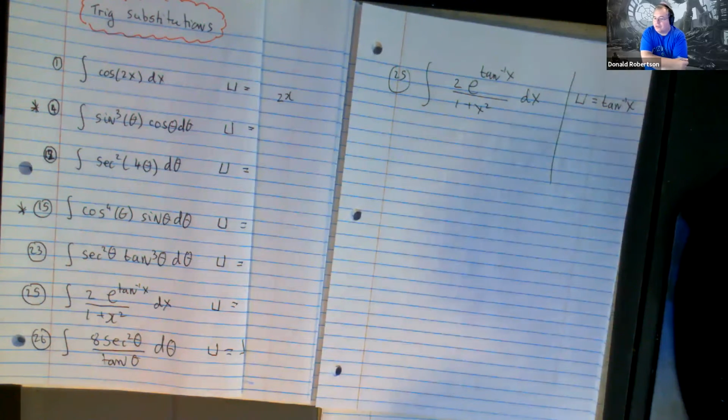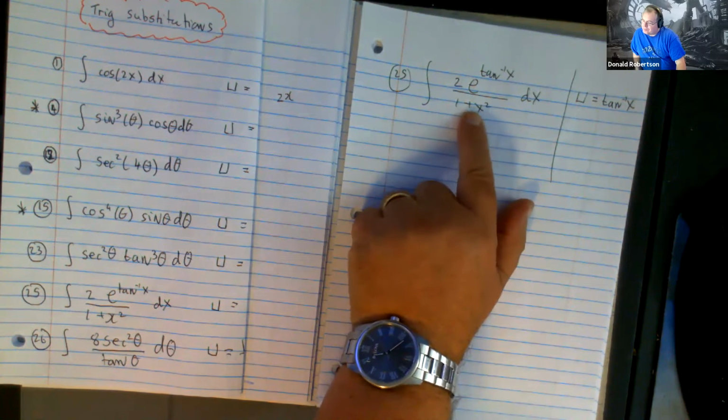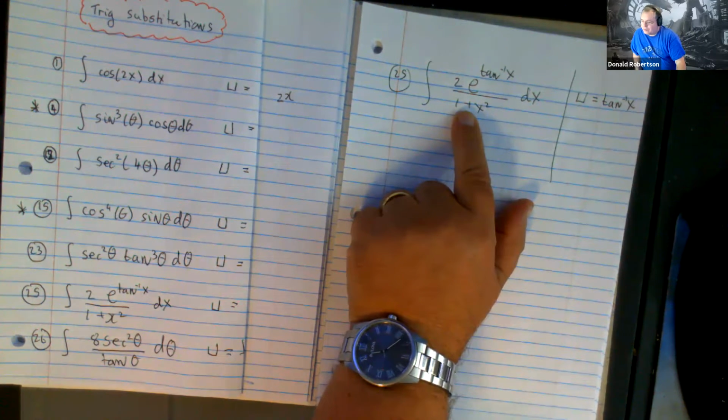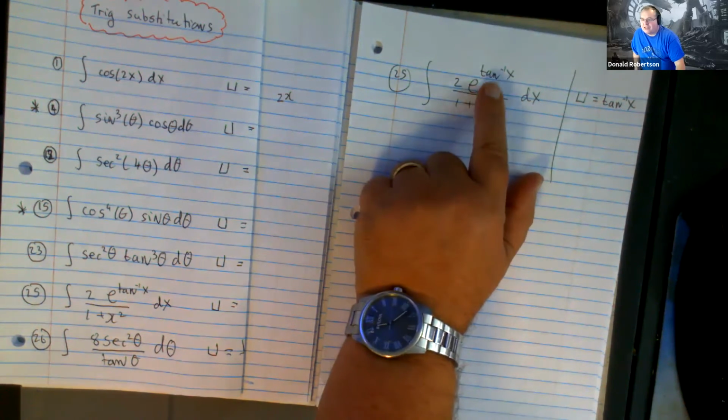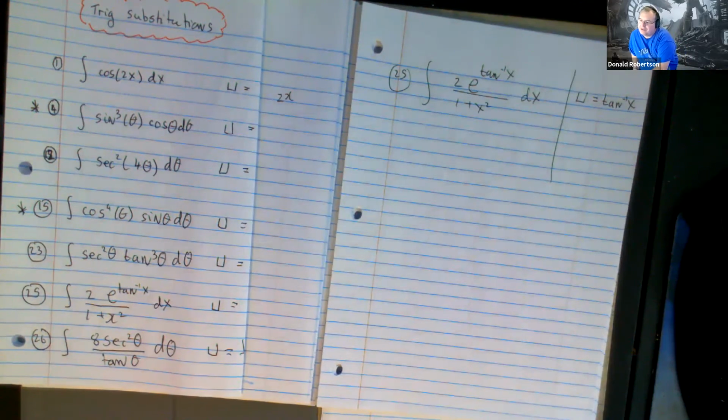Have you noticed that this question has 2 contradictory rules? Isn't rule number 1, the one she was mentioning a few months ago, if it's a fraction, pick the bottom. So in that rule, u equals 1 plus x squared would be the choice. But isn't there another rule that says e to the ugly guy is the u sub? So can you imagine there can be questions where there are 2 rules, but you don't know which one is going to win?